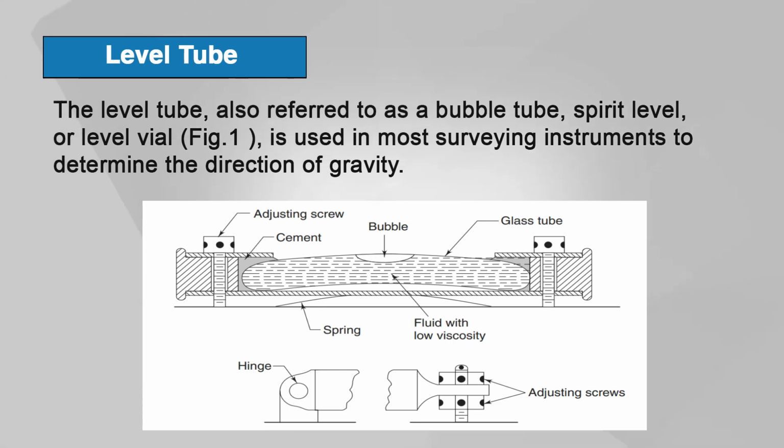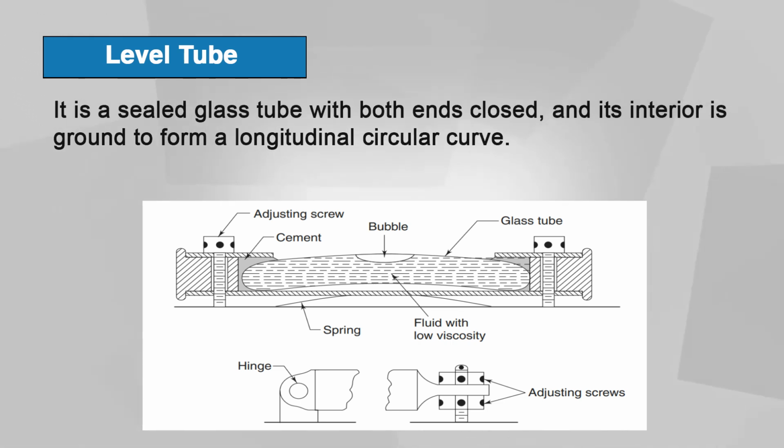The level tube, which is also referred to as bubble tube, spirit level or level, is used in most surveying instrument to determine the direction of gravity. It is a sealed glass tube with both ends closed and its interior is ground to form a longitudinal circular curve.